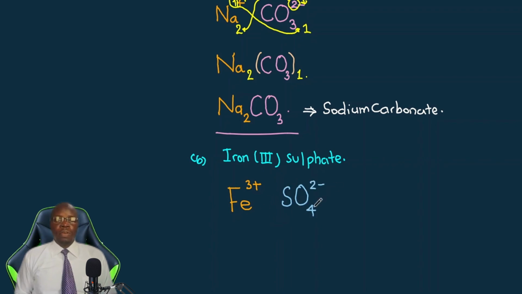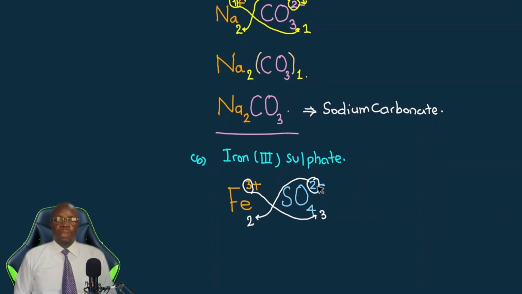It gains 2 electrons and we have minus 2. So what we do is also the same thing. Our 3 from here will have to cross down here, and we have the 3, and then our 2 up here from sulfate will come here and cross down here, and we have 2.